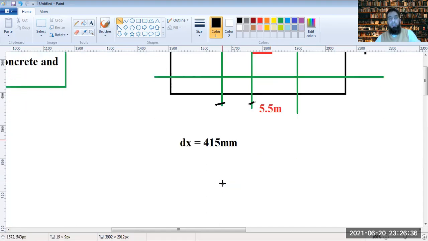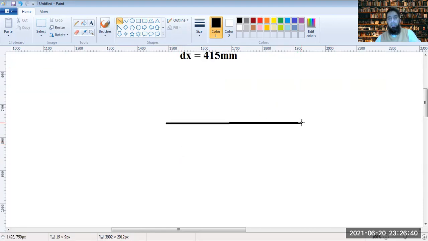Now, at that section, what is the shear? How do you determine the shear in this? Along the longer direction, the profile plane of this would be like this.